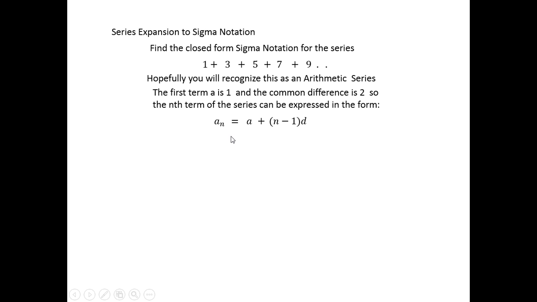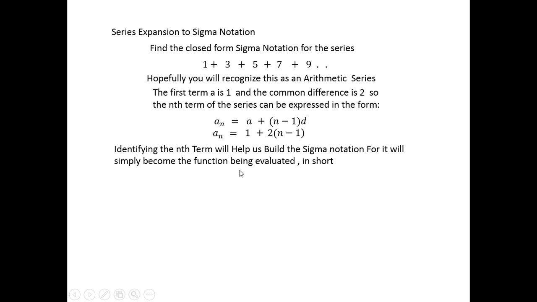So we should agree that this is the nth term of any arithmetic sequence: the nth term is the first term plus n minus 1 times the common difference. With what we found previously, the first term 1 and common difference 2, our nth term more specifically can be expressed here.